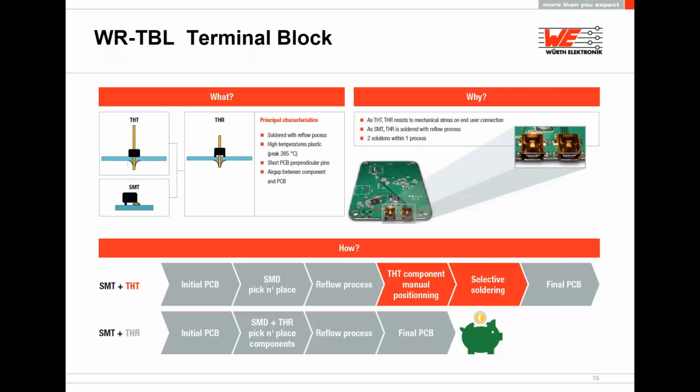But if it's a through-hole process, we go through the same thing, but it's a manual position to put the component on the PCB and then do the selective soldering, then you will have the final product. If you look at it as surface mount and through-hole reflow, it's the same process. You have the components on a tape and reel for processing, and you go through the oven, through the reflow process, and you will have the final PCB.